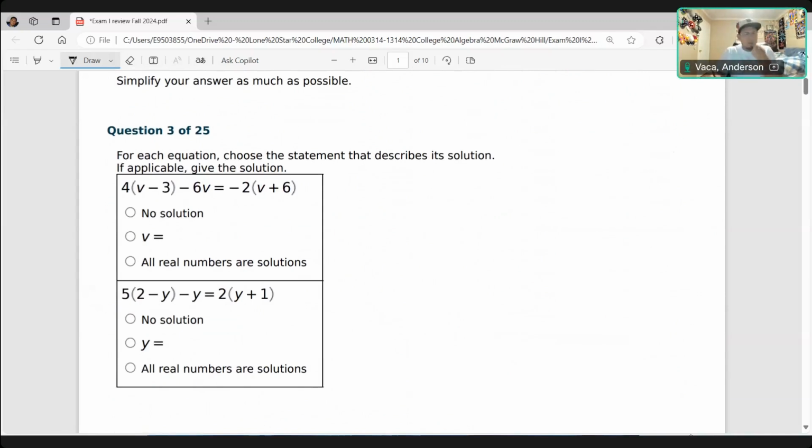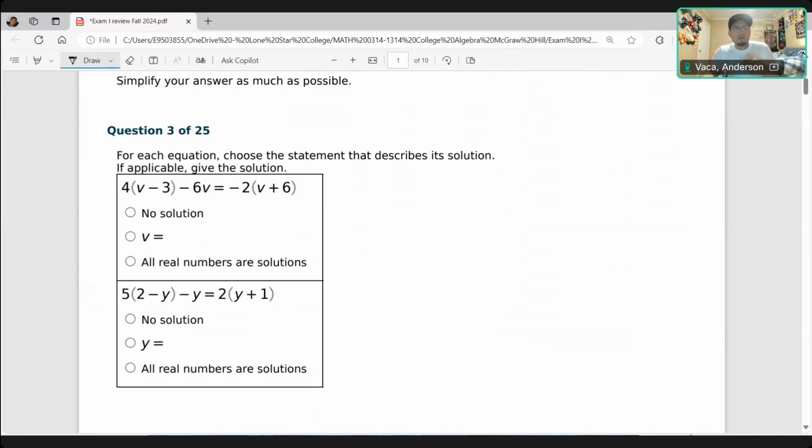So when we solve equations, it is very common to find an answer. But in some situations, we may not find an answer. We might find no solution, or we could also find way too many solutions.